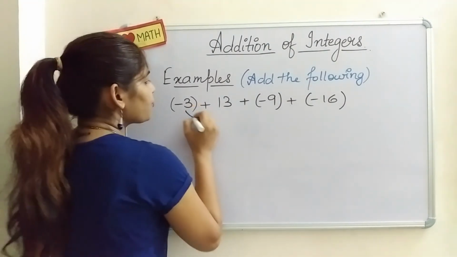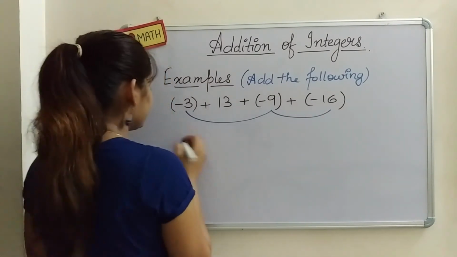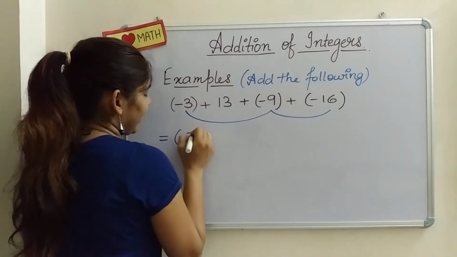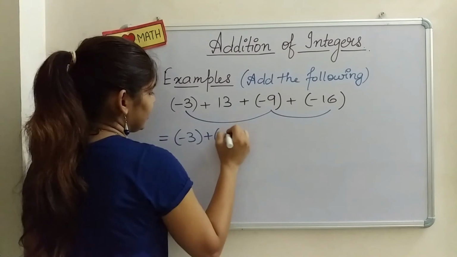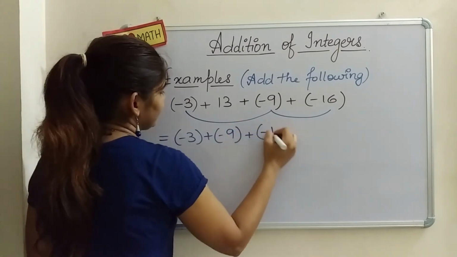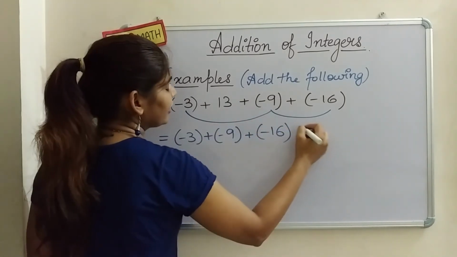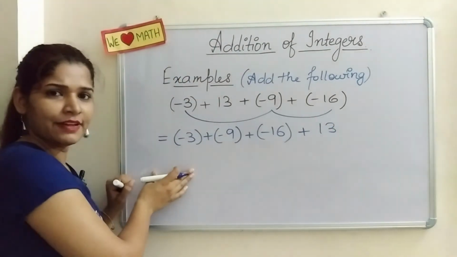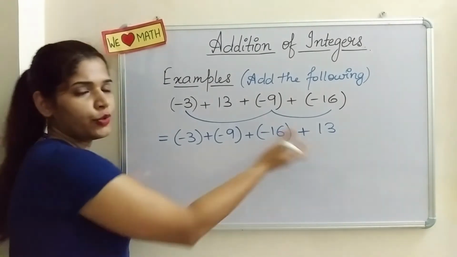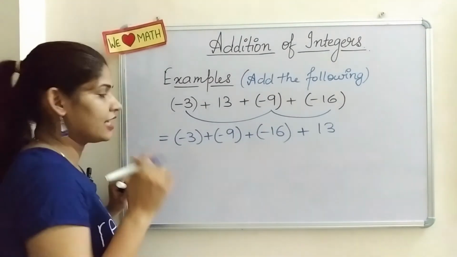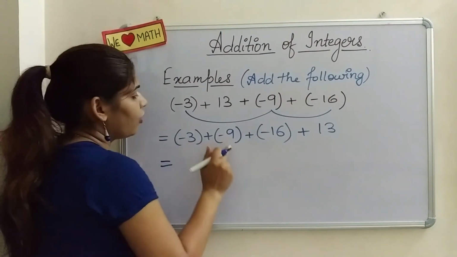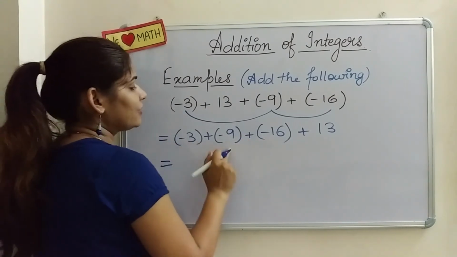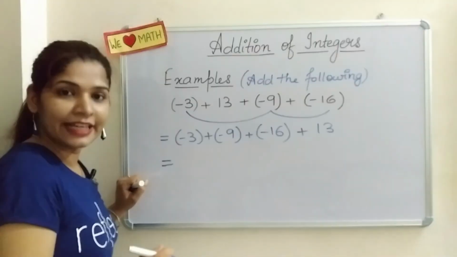So I am going to group these three numbers together, that is -3 plus -9 plus -16, and then I am going to write 13 here. You can write 13 initially as well, or at the end. It won't affect the answer. Now we are going to add all three because they are all of the same category, negative numbers.